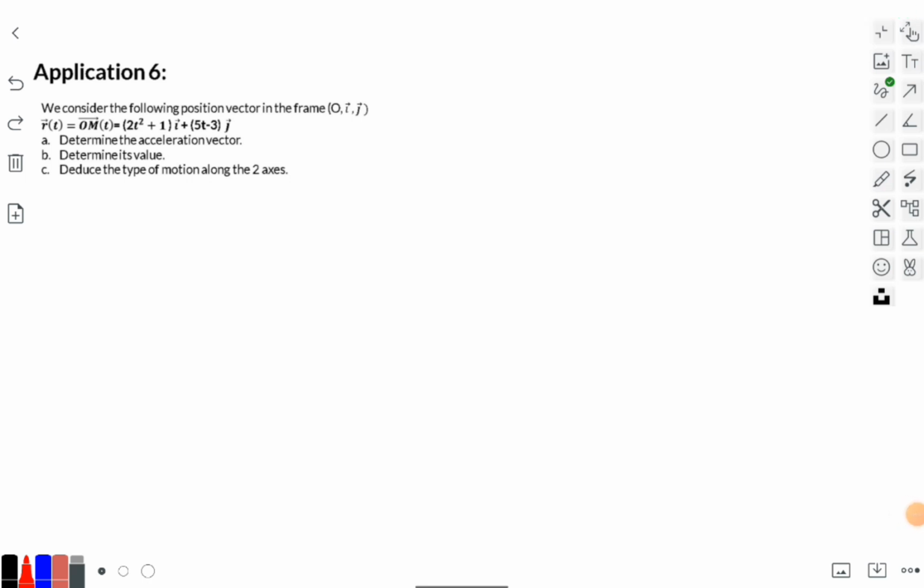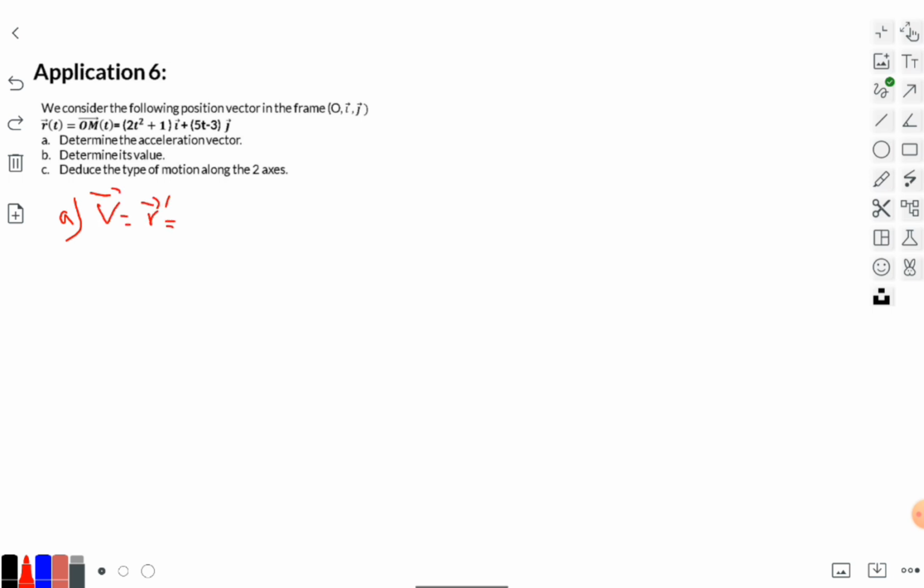Application 6. We consider the following position vector in the frame OIJ. r(t) equal OM(t) equal (2t squared plus 1)i plus (5t minus 3)j. Part A. Determine the acceleration vector. First, the v vector is equal to r prime.